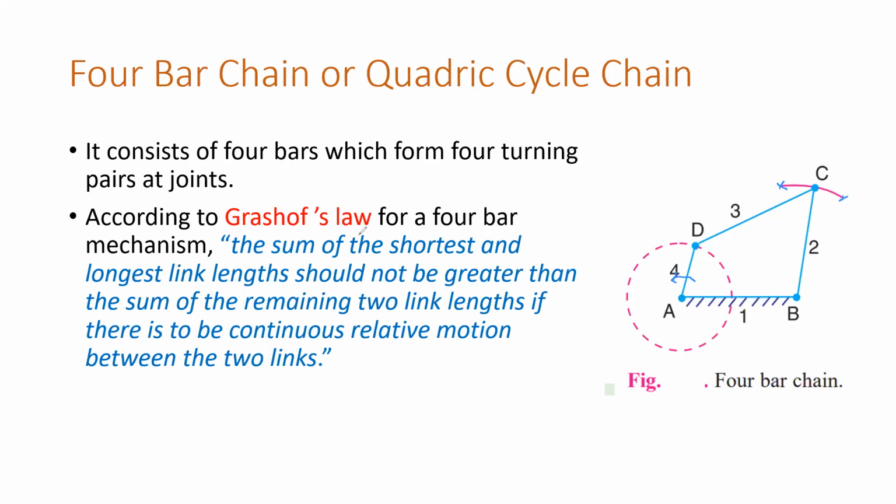It says that the sum of the shortest and longest link lengths should not be greater than the sum of the remaining two link lengths if there has to be continuous relative motion between the two links. If you want continuous relative motion between the two links, you should ensure this condition.